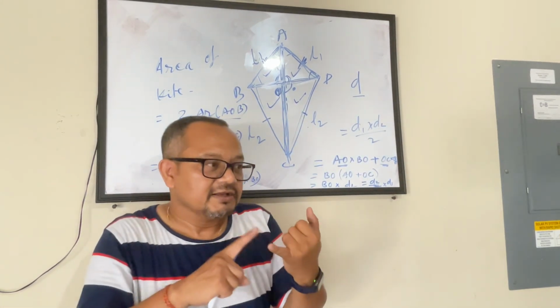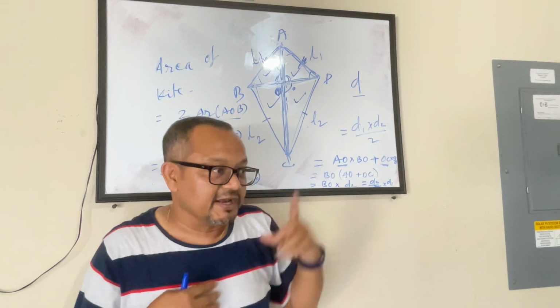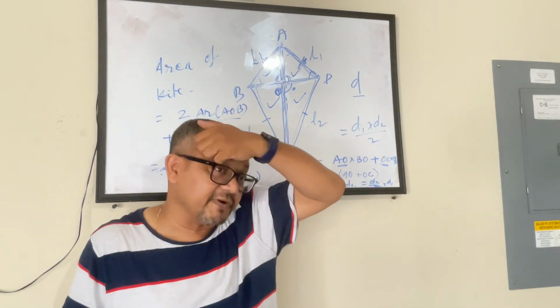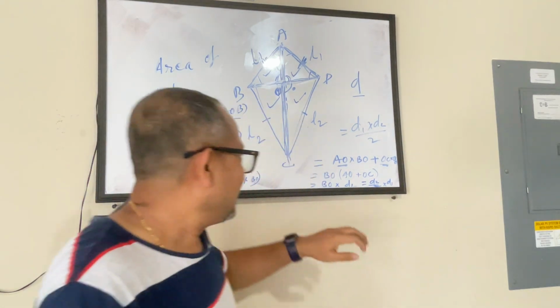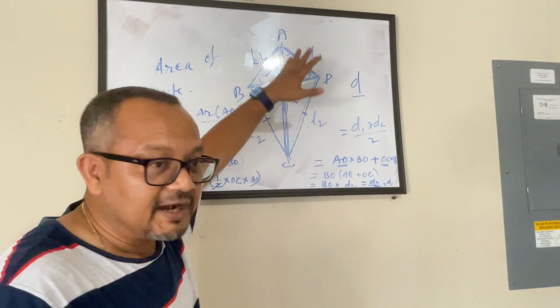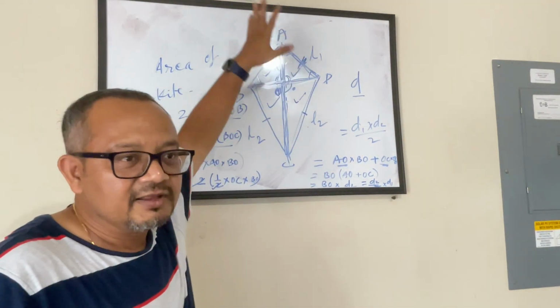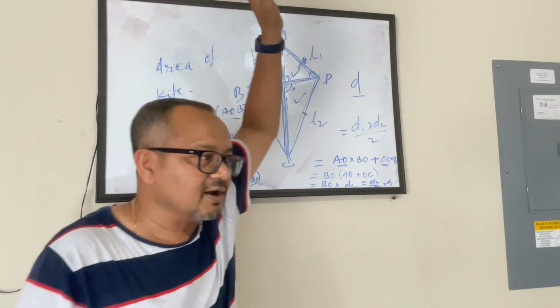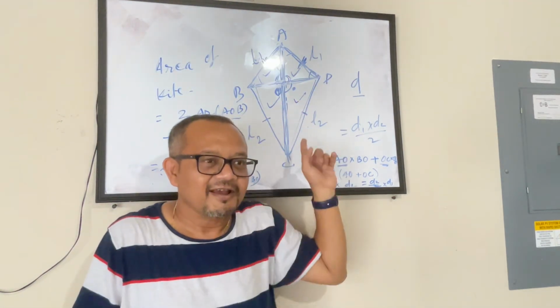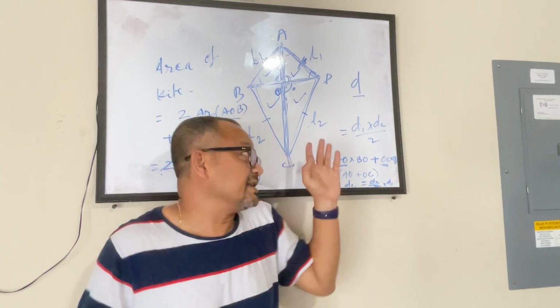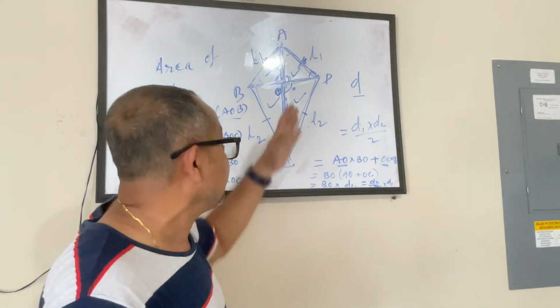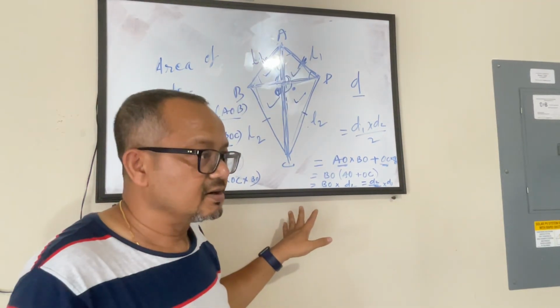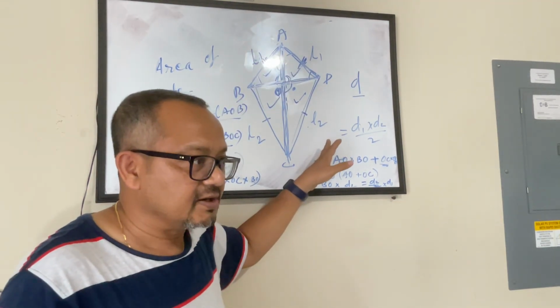Now, trust me, I had not looked at this formula for the last 35 years. Or maybe 30 years. I had looked at it when I was in 10th grade. That's a very old story. Almost 30 years ago. But I could recall my basic understanding of geometry and applied it here. And I was able to derive it.